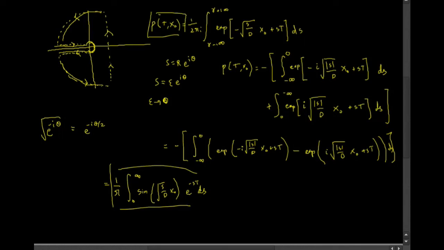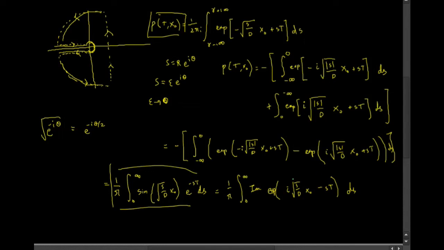So how are we going to do this? Well, it's going to be convenient to write the sine function as the imaginary part of a complex exponential. So this is going to then be 1 over pi, the integral from 0 to infinity of the imaginary part of e to the i square root s over d x naught minus st, ds.